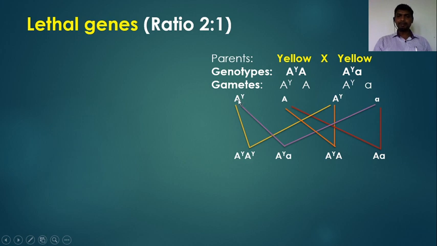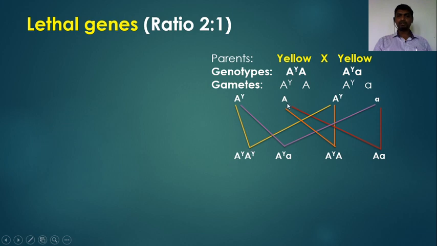Similarly, this capital AY may get associated with the small a, the gametes having the alleles capital AY, small a. Similarly, the capital A may get associated with the capital AY, the gamete having the alleles capital AY, capital A. This capital A may get associated with the small a, so the gamete possesses the alleles capital A, small a. So these four types of gametes have been produced.